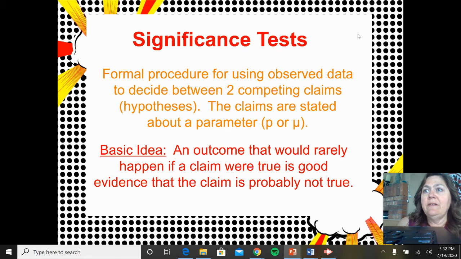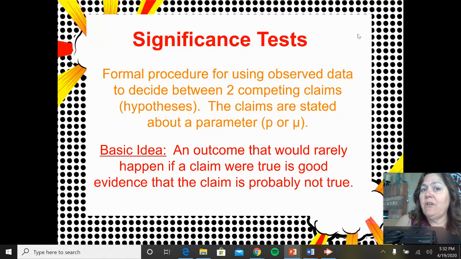And the basic idea here is that an outcome that would rarely happen if a claim were true is going to be good evidence that that claim is probably not true. For example, if the claim says that the mean is 10 and we get a random sample with a mean of 20, and we run this statistical analysis on it and get a probability of less than 1% chance that that could happen, then we're saying, hey, based on what I got, maybe that claim in the first place was not good.